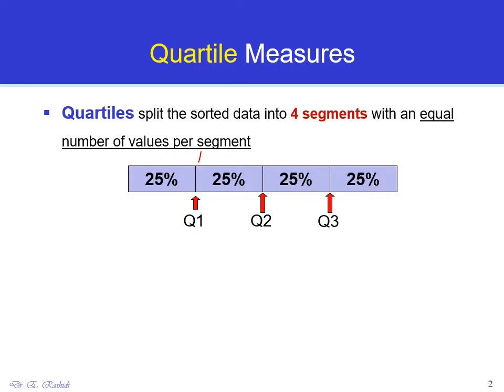For the second quartile, 25% of data are less than the second quartile, 25% are greater than the second quartile. For the third quartile, only 25% of your data are greater than the third quartile, and 75% of your data are smaller than the third quartile.